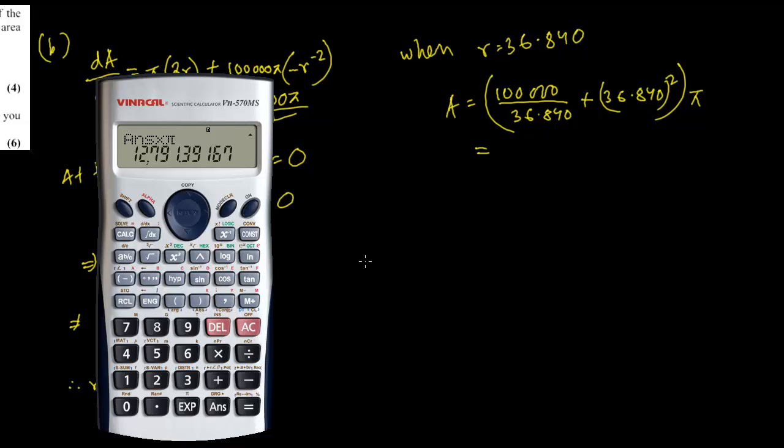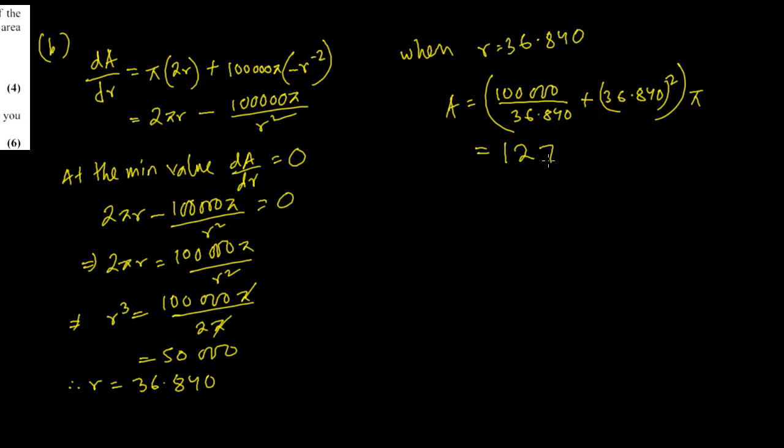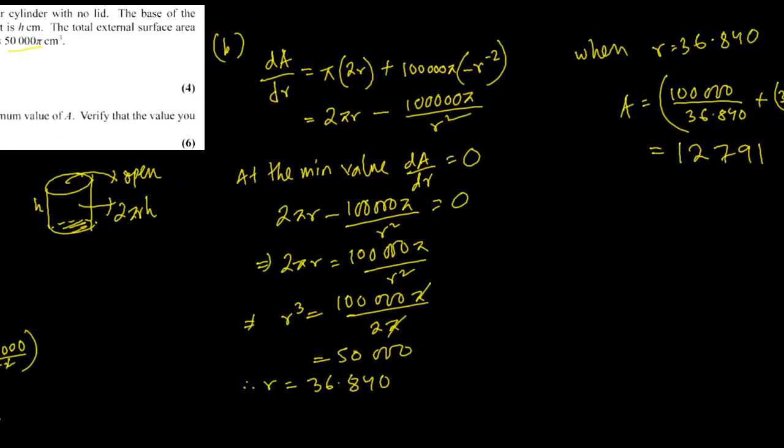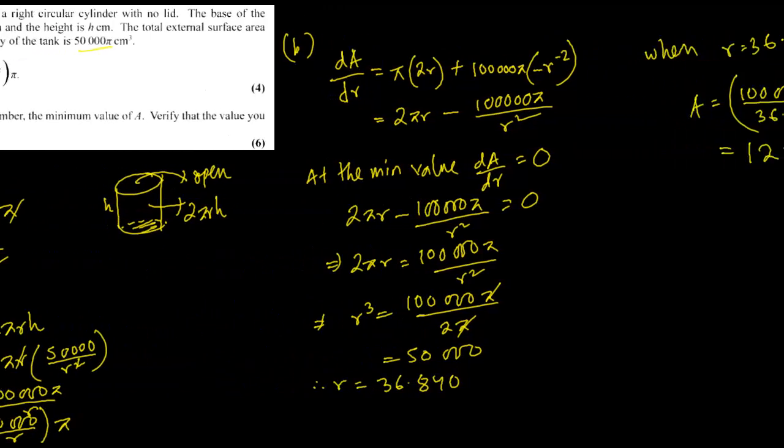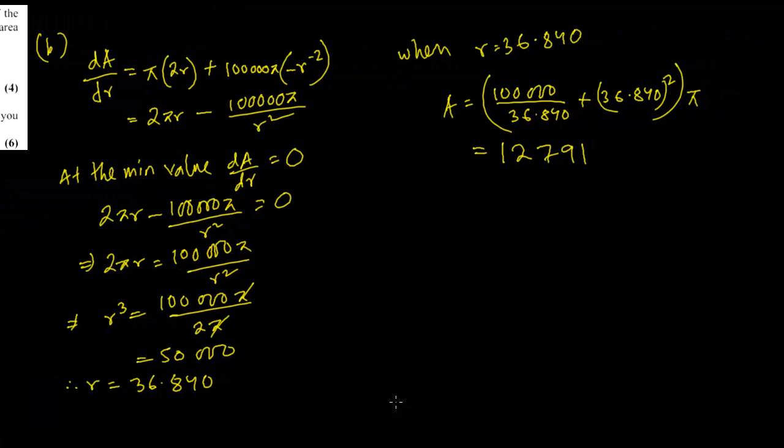So we are going to get 12791. So we have a unit here. They didn't ask for the unit, but if you want to write the unit, that would be centimeters squared. So 12791.